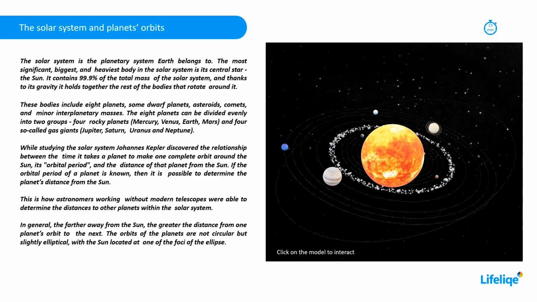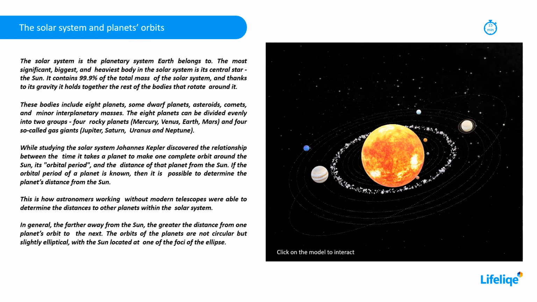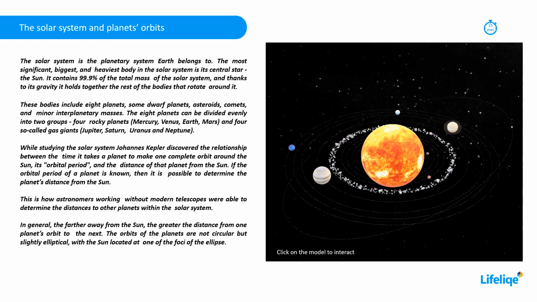The solar system and planets' orbits. The solar system is the planetary system Earth belongs to. The most significant, biggest, and heaviest body in the solar system is the central star, the Sun.